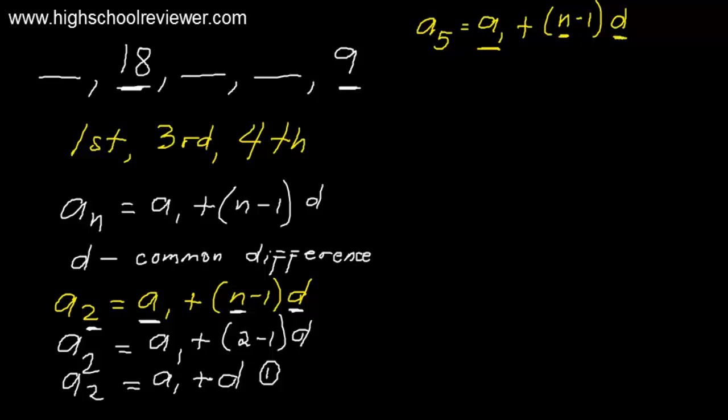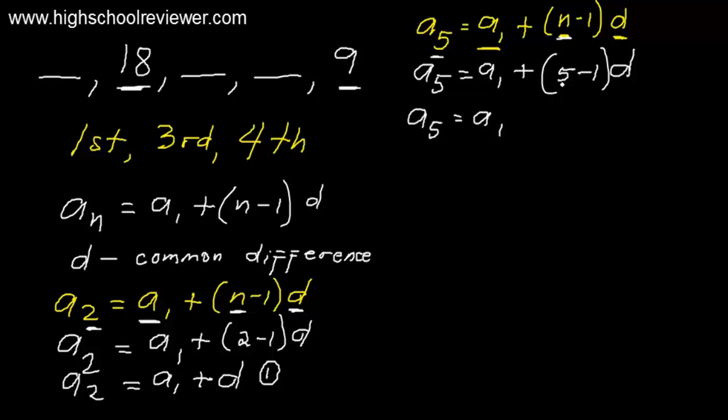Just like with a sub 2, a sub 5 will be equal to a sub 1 plus 5 minus 1 multiplied by d. 5 minus 1 is 4, so 4 times d is plus 4d. This will be our equation 2.